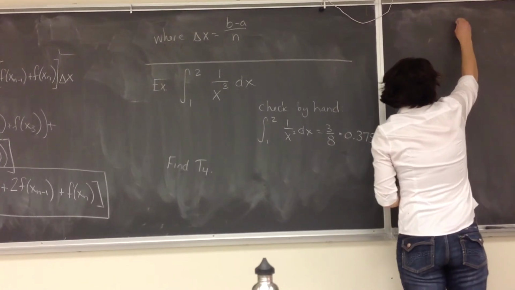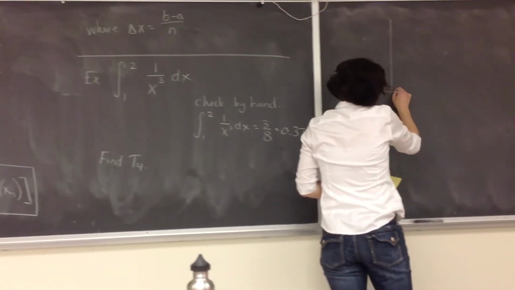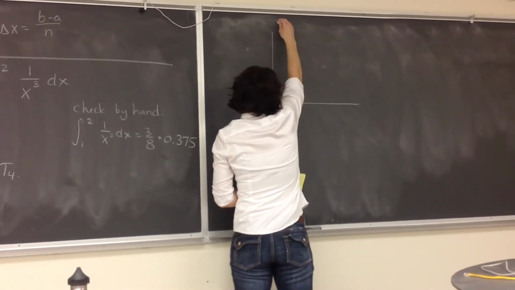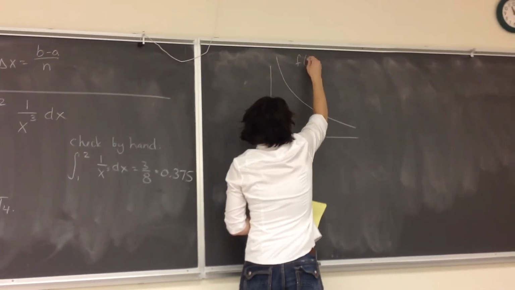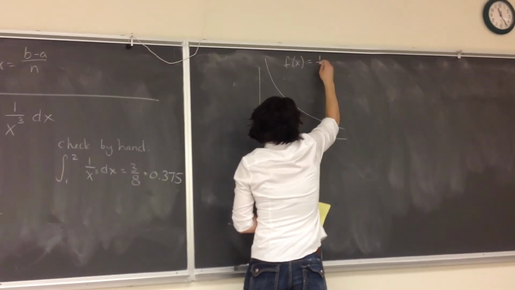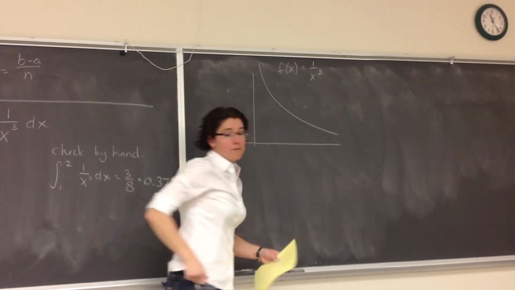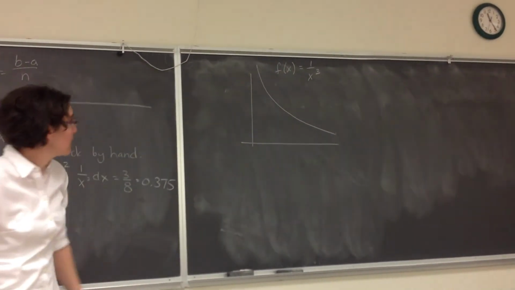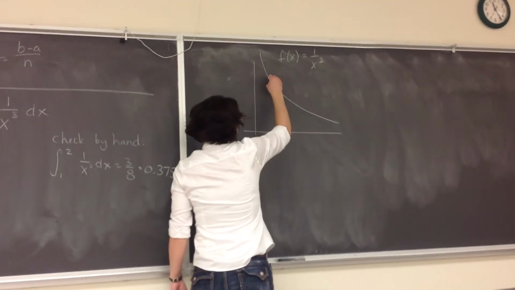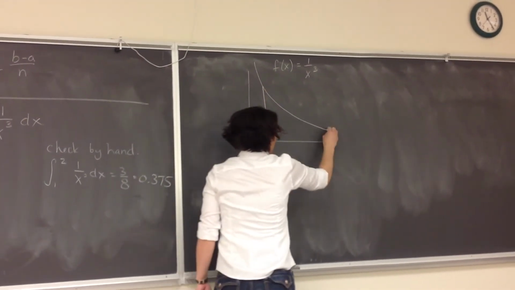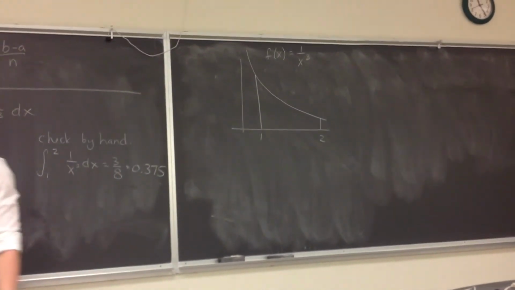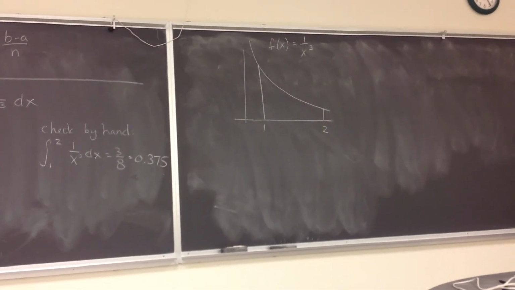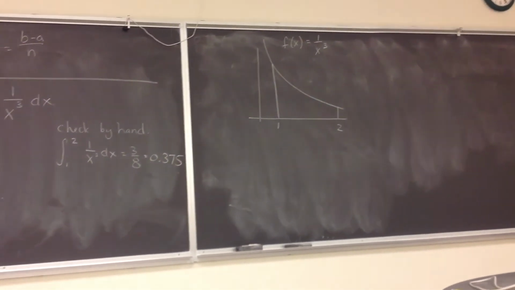Okay, so what I might start to do, and there's no reason that you absolutely have to do this, but I like to have pictures. So here's a picture of f of x is equal to 1 over x cubed. We are interested in the interval from 1 to 2, and we'd like to break this up into 4 subintervals, so n is equal to 4.